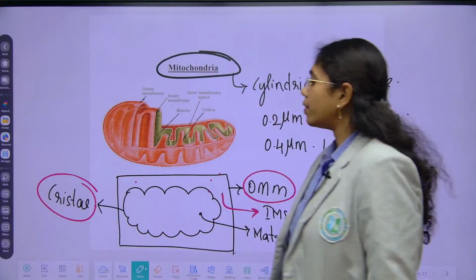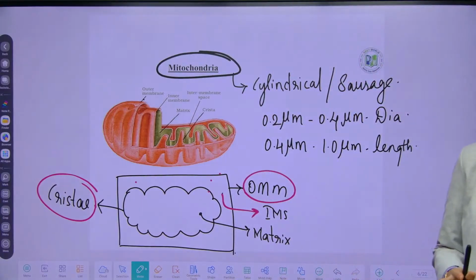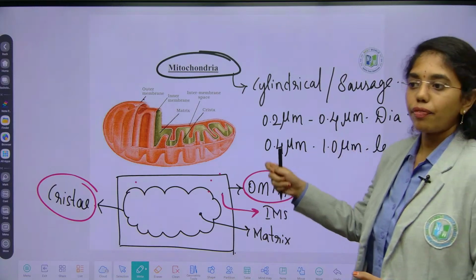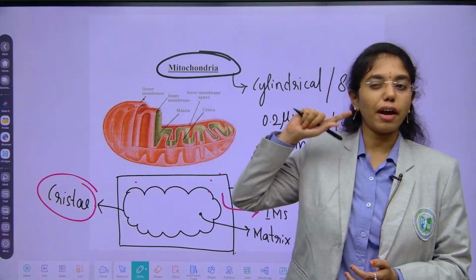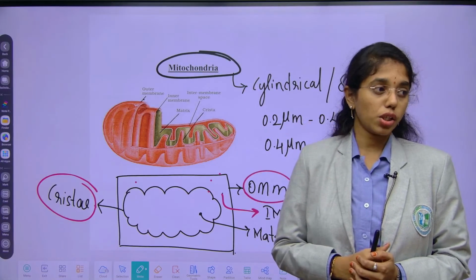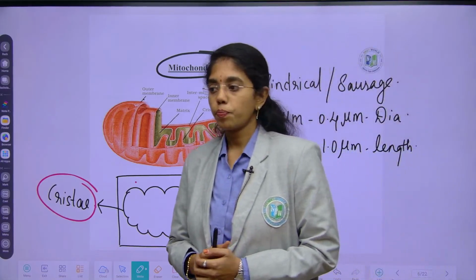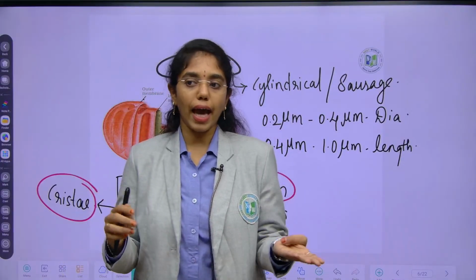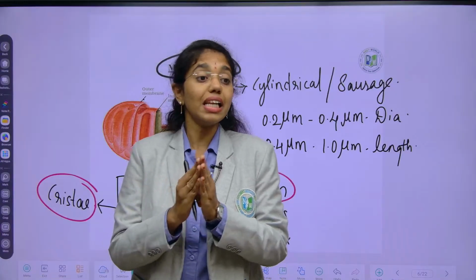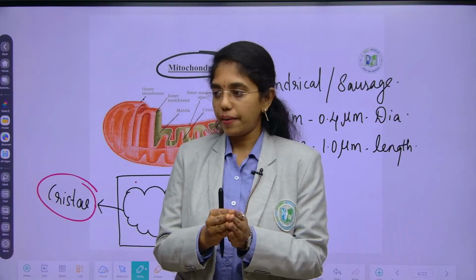And we have to know the sites or locations of the reactions that are happening. We know mitochondria is the site for aerobic respiration, and aerobic respiration has how many steps? If we recall from respiration in plants, in higher plants, the first step is glycolysis. That is a common step in both prokaryotes and eukaryotes, which takes place in the cytoplasm of the cell, right?